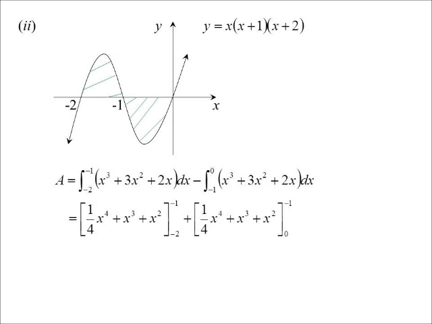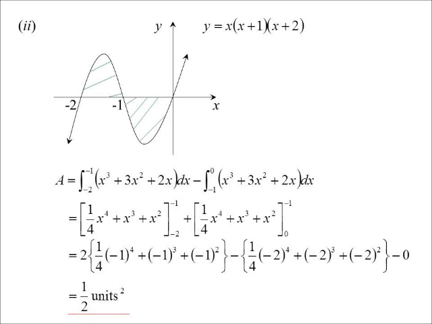Notice I've changed it to plus, but I've swapped the limits around. The advantage of doing that is, notice how now on both of these, -1's on the top. So I don't have to substitute in -1 twice. I can simply say it's twice what I get when I substitute in -1. So it gives us one less substitution, I suppose.